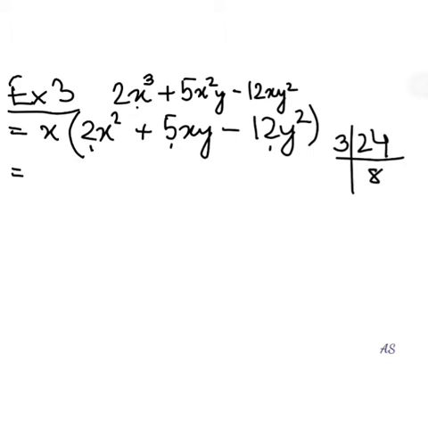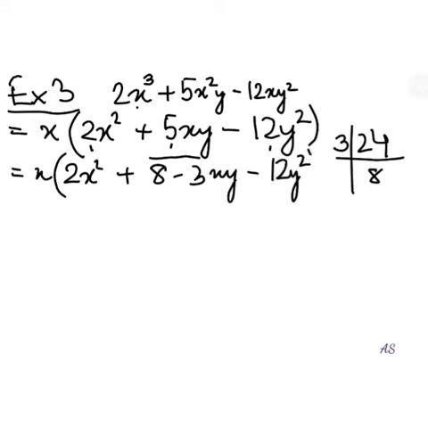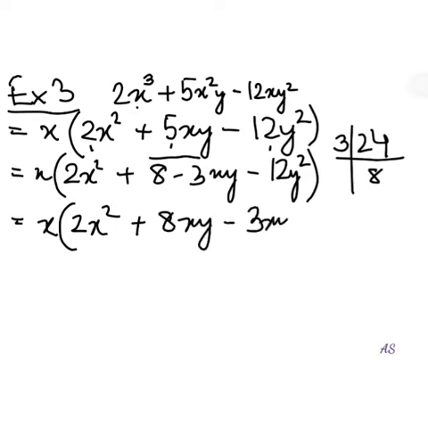So those two numbers are 8 and minus 3. So this becomes x times 2x square plus 8xy minus 3xy minus 12y square.